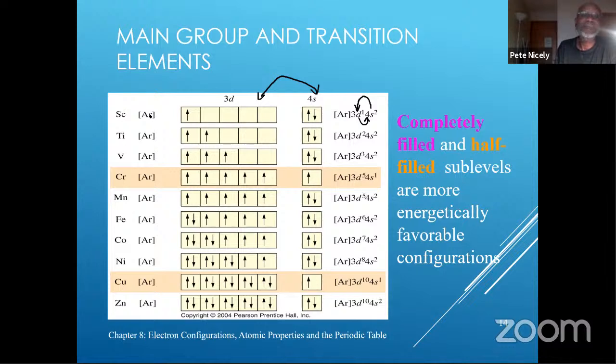And then to get from scandium to titanium, you simply add an electron to this to get this. To get from titanium to vanadium, you add an electron to this structure to get this. And then something weird happens when you get to chromium. One would think that to get from vanadium to chromium, all you do is add an electron here.